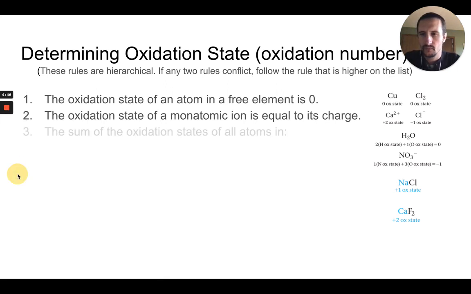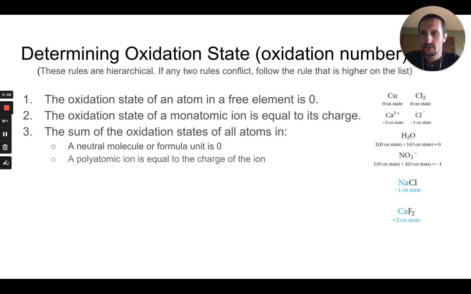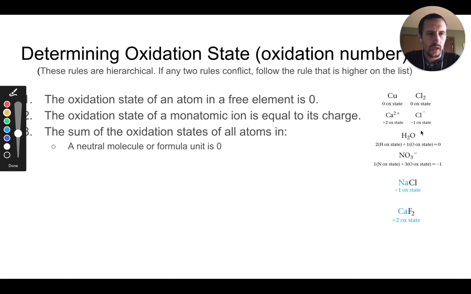Third rule: the sum of oxidation states of all atoms in a neutral molecule or a formula unit is 0. So if it's neutral, the sum of the oxidation states must be 0. Take a look at my example here, the compound water.